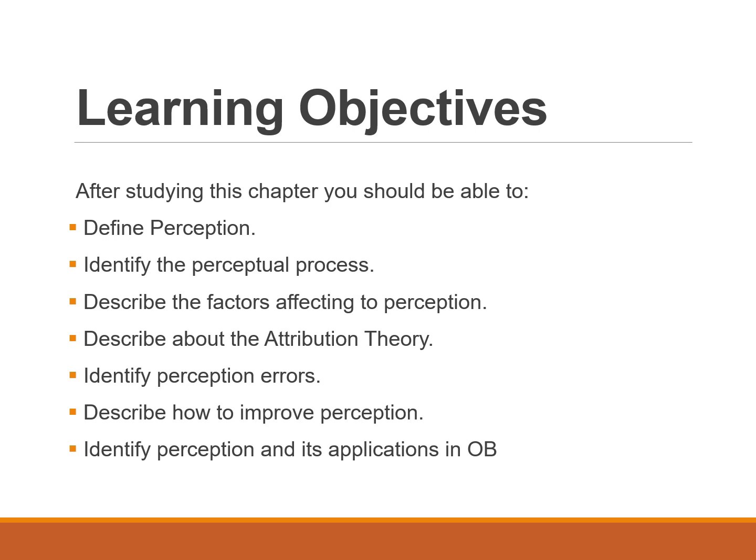Then identify perception errors. Commonly people make some perception errors, which badly affect organizational behavior. And then identify how to reduce such perception errors, and how to improve our perception. Then finally you can identify perception and its application in OB.